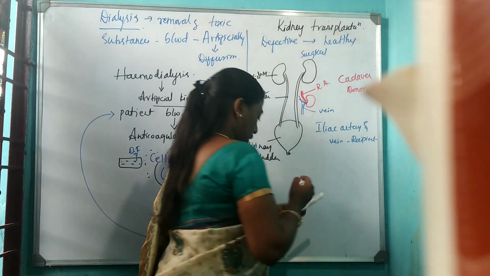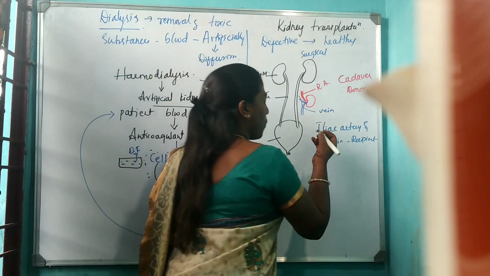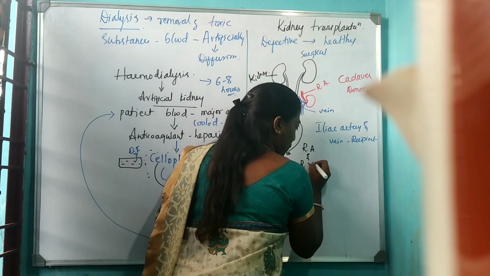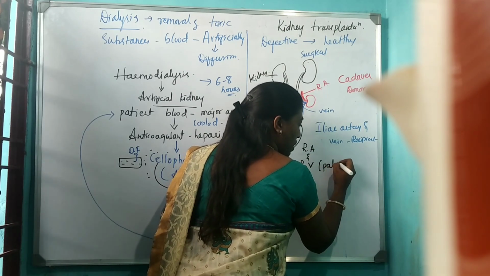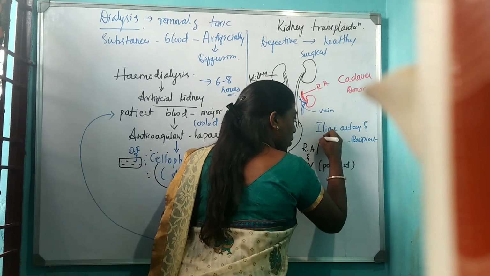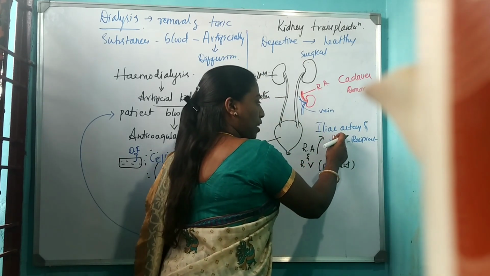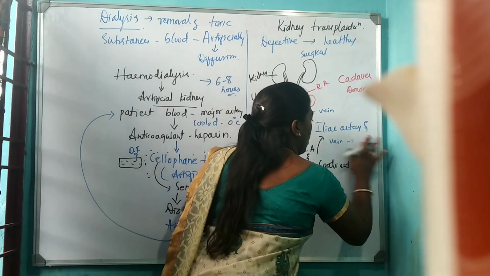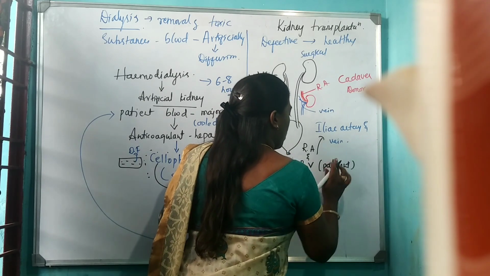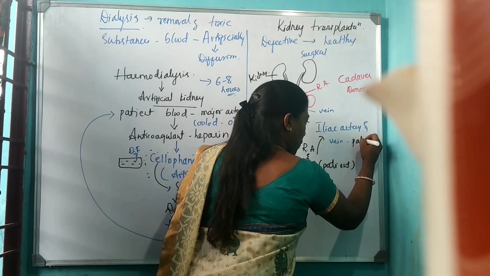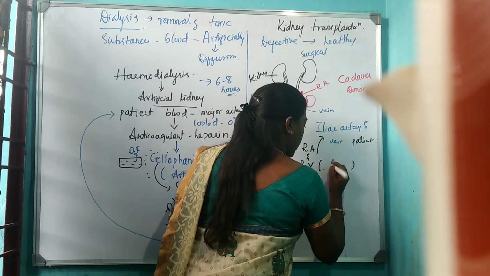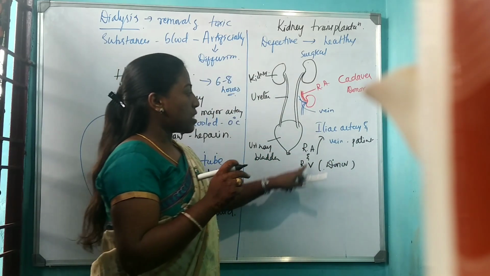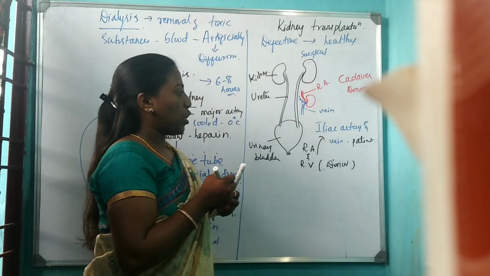Sorry, this is the patient and here is the donor. So the donor's renal artery and renal vein are connected to the iliac artery and iliac vein of the patient.